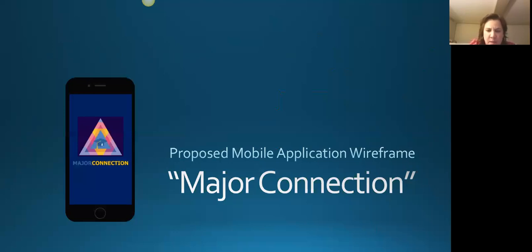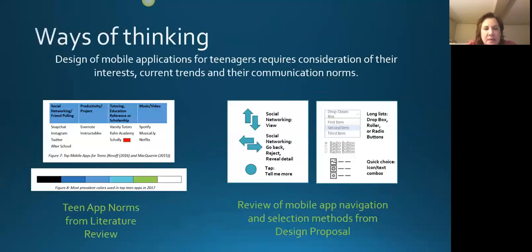So in thinking about this, I just want to share some ways of thinking briefly. I looked at teen app norms in the literature review. The colors that are frequently used are here in the figure at left. These are the most common apps, and with the exception of Scholly, they all use these colors, believe it or not.